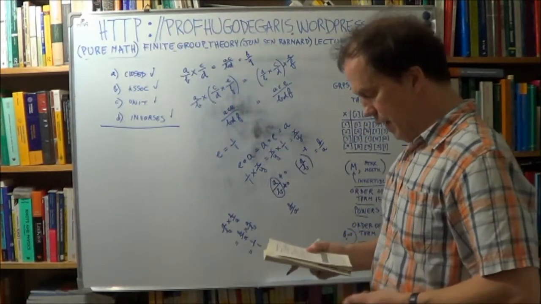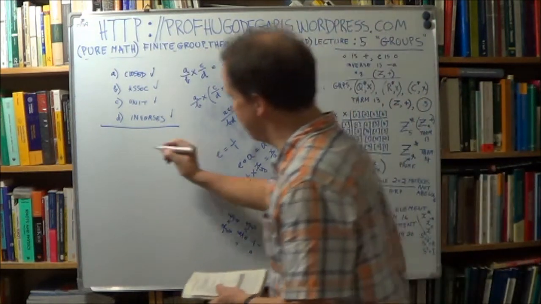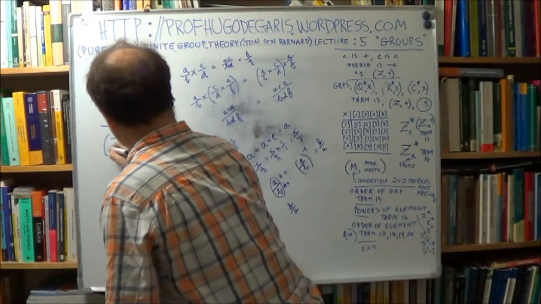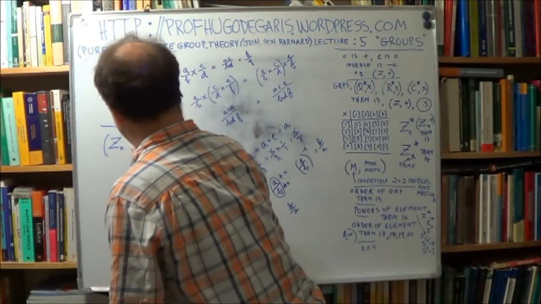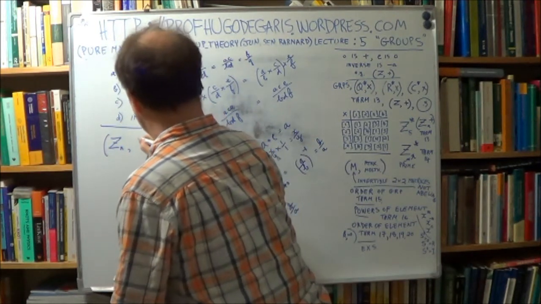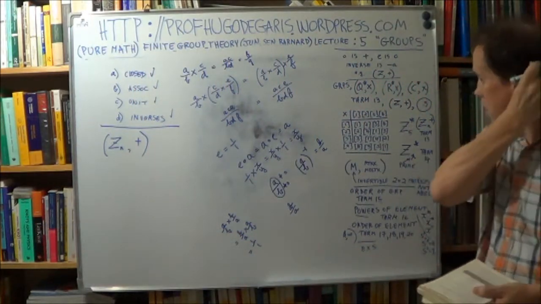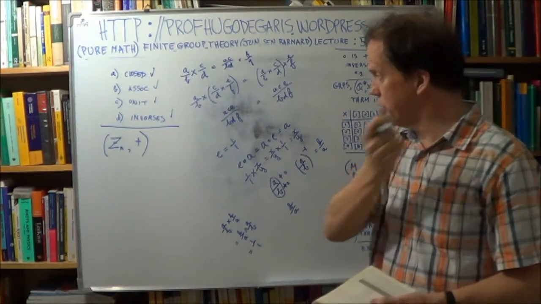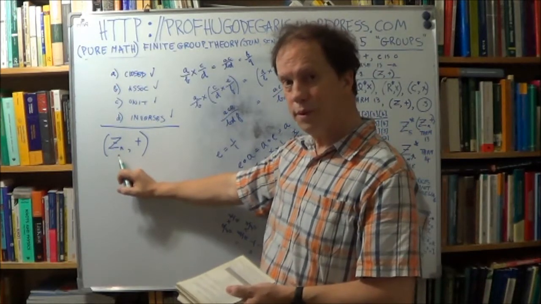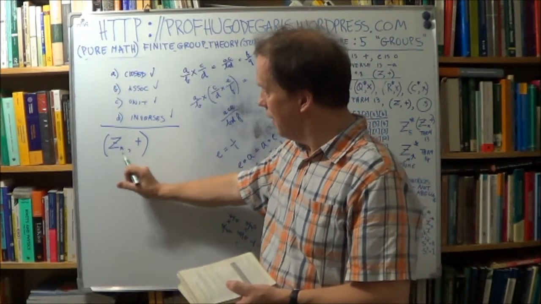I have more board now. Now, theorem 13 says the following duo, so Zn plus is a group. Now, if you go back one lecture, can you remember what this symbol represents?